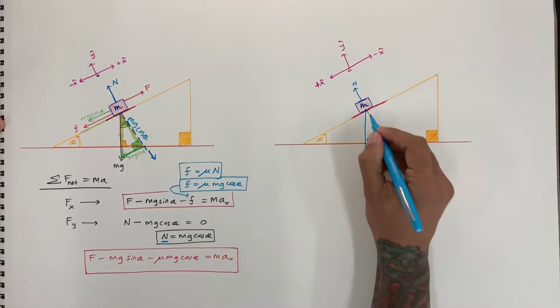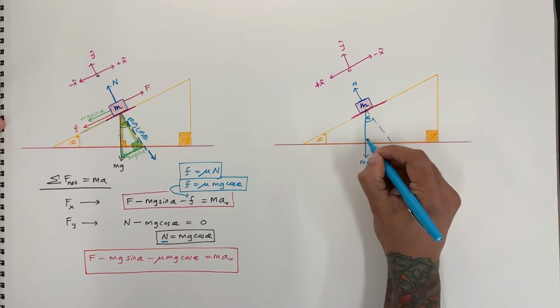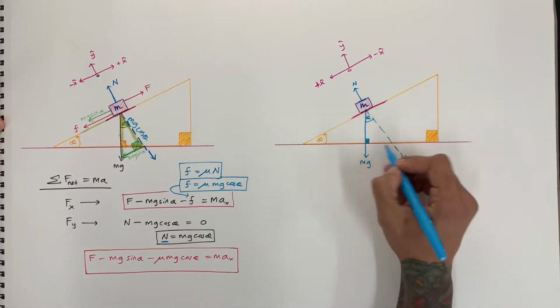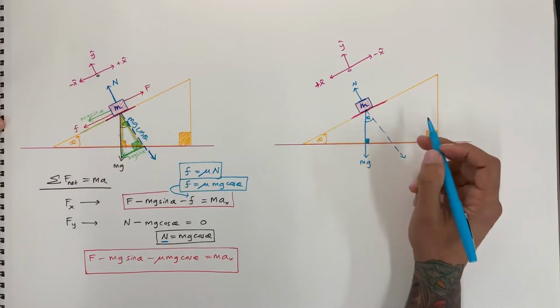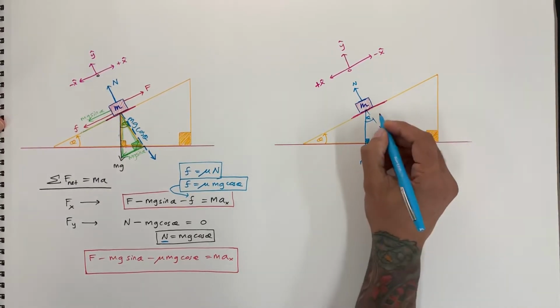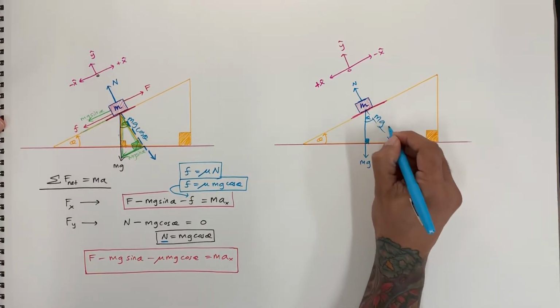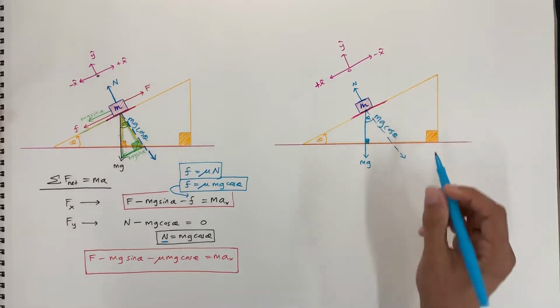And we saw already how this angle is the same as this one. And with that triangle, we can use the components of the gravity. So we can say that adjacent over hypotenuse is mg cosine theta.